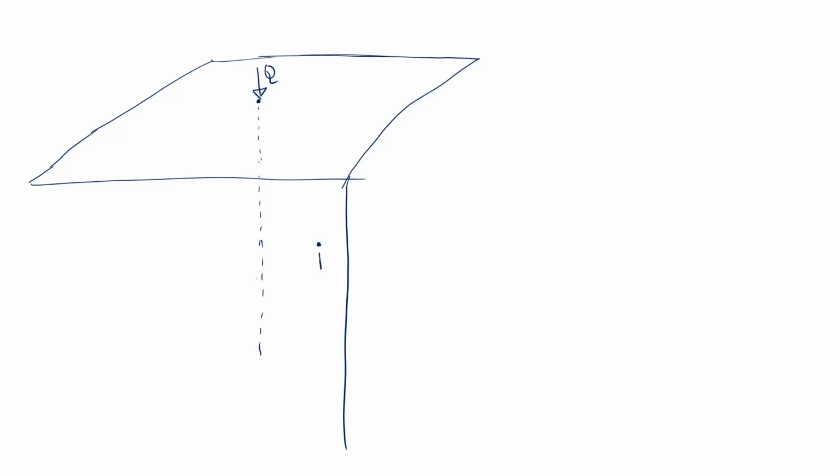This is P. You want to know the stress change, the increase in the stress at this point due to Q. So if you draw a vertical line to the ground surface, this is P dash, let us say, on the ground surface. So the distance between these two is r.